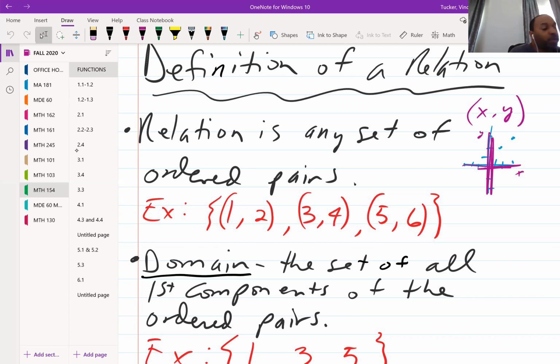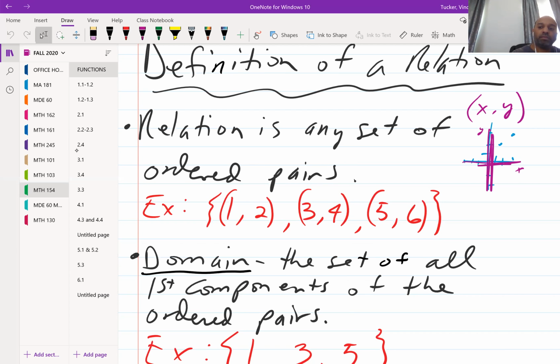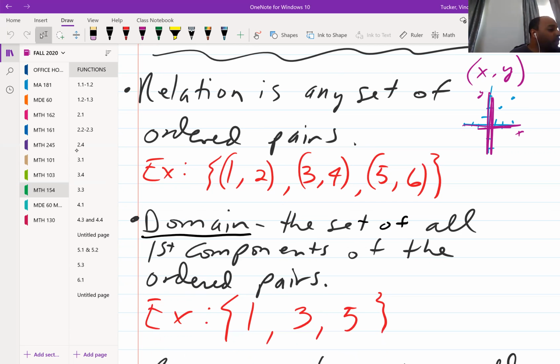So a relation would be 1, 2, 3, 4, 5, and 6, just like I say, any set of ordered pairs. Your domain, if they mention your domain, is just a set of all of your first components of your ordered pairs.